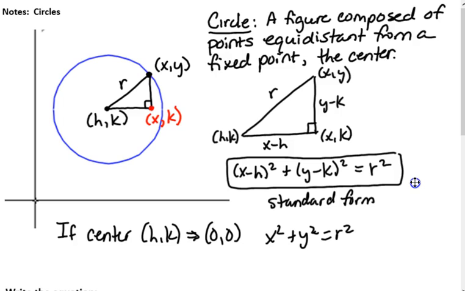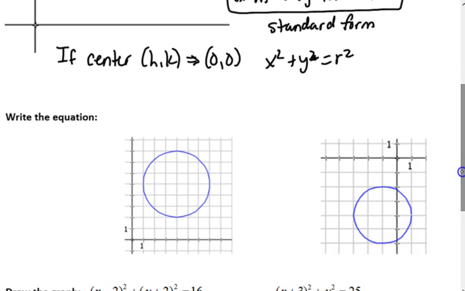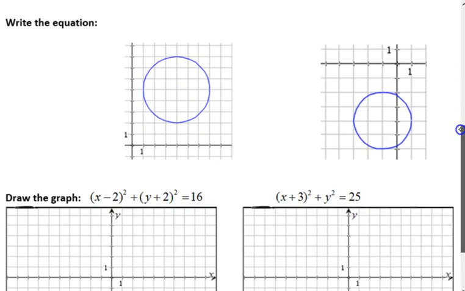So that would be a simpler equation of one centered at the origin. And you might remember when we did x squared plus y squared equals r squared in our previous unit. That was one of the ways that we transform back and forth between polar and rectangular. Same thing. We keep doing it over and over.